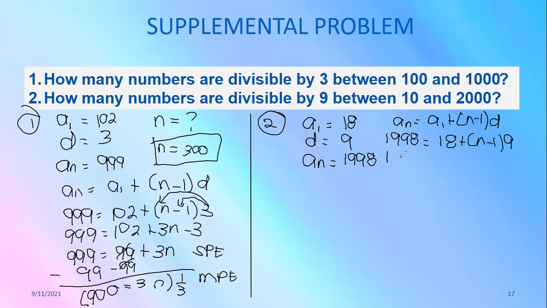Okay, so this will be 1998 is equal to 18 plus, so using distributive property, plus 9n, then minus 9. And this will become 1998 is equal to 9 plus 9n.